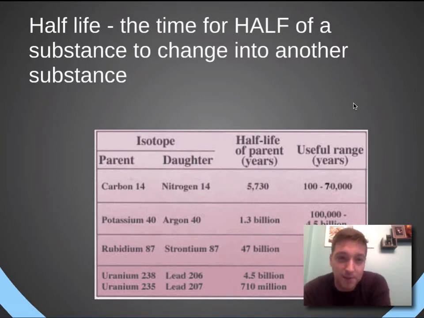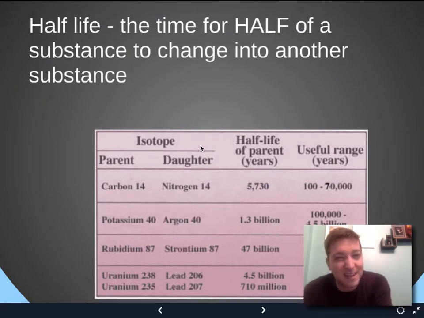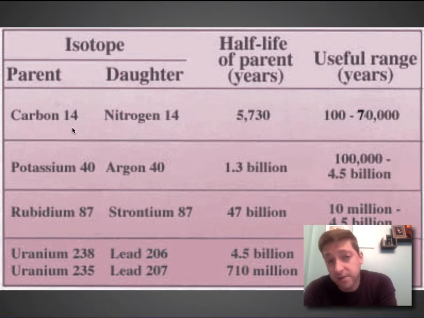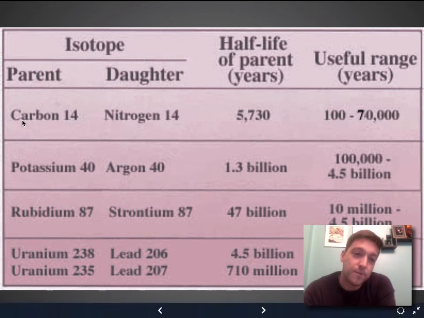So let's give some examples of half-life. I know this is getting somewhat complicated. Carbon dating is one of the most common forms that we learn how old a rock is, or a fossil. So there's a certain version of carbon with an atomic weight of 14.